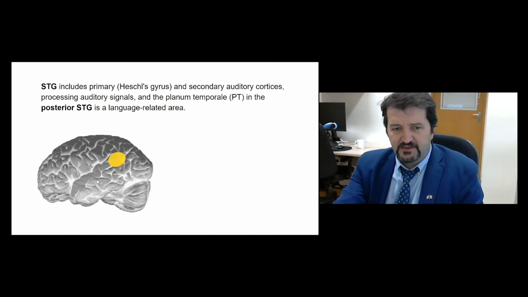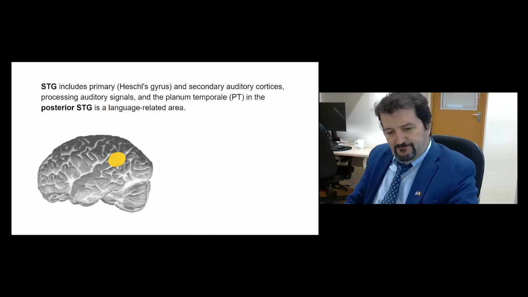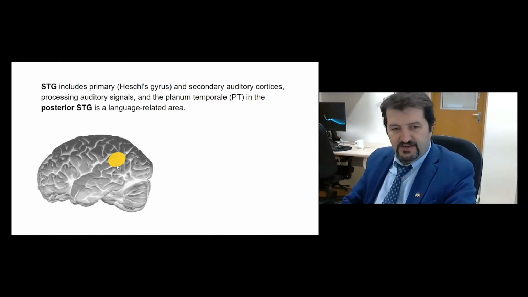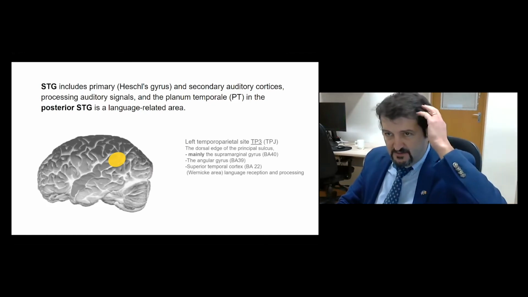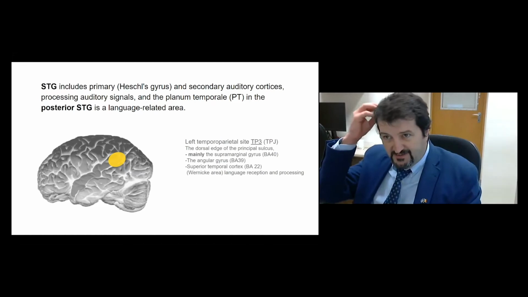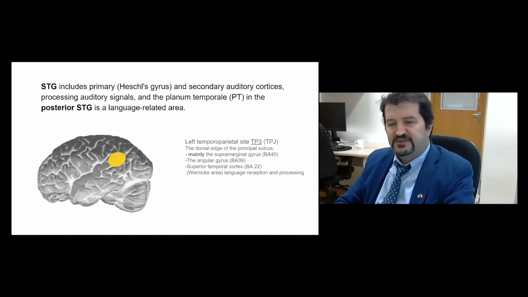So from here, it's supposed that the patient with schizophrenia has those symptoms. So this left temporal parietal side, I'm showing here the right, but it would be the left. It's a switched camera. So this region is important to look at in patients with schizophrenia.